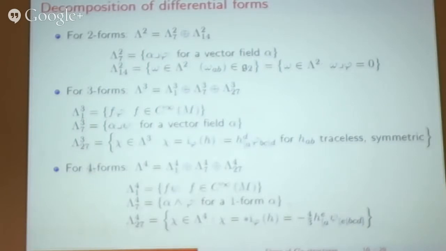The reason these decompositions are important is that they are orthogonal decompositions of each of the spaces of differential forms, and so it really simplifies calculations, because it's now possible just to split everything into components and see what happens in each one.